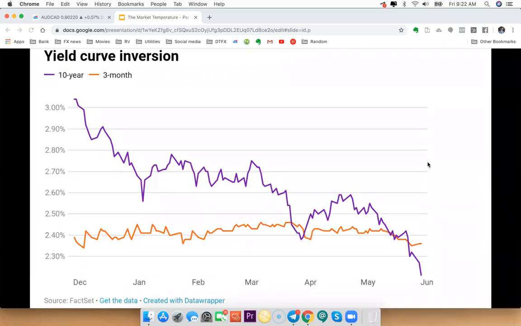When long-term yields are lower than short-term yields. That's right. So that's what the inverted yield curve is. I'm sure everybody heard about it like crazy in July, August, September. And it just means exactly what Sim said. Long-term yields, you can see this purple line is our 10-year.